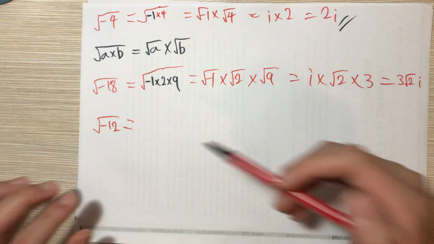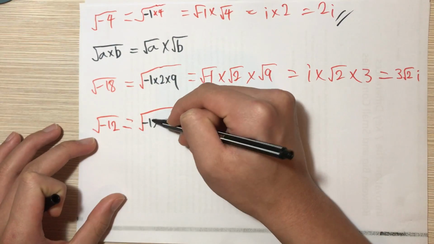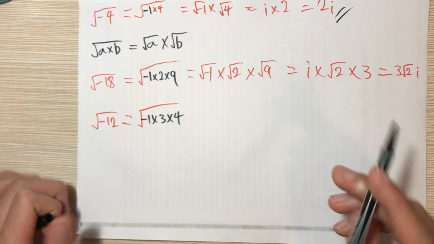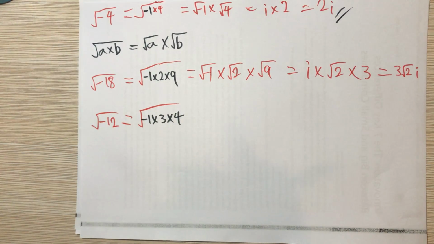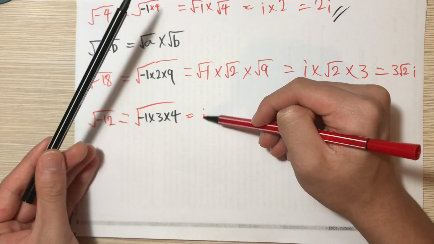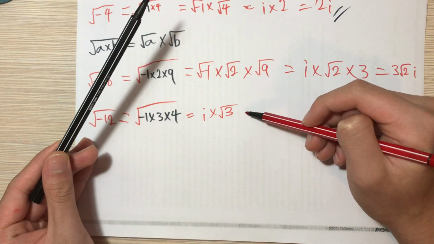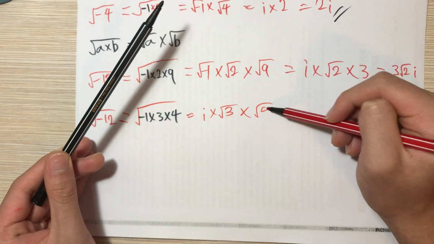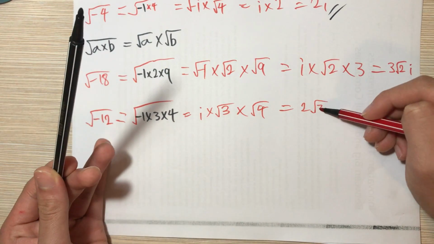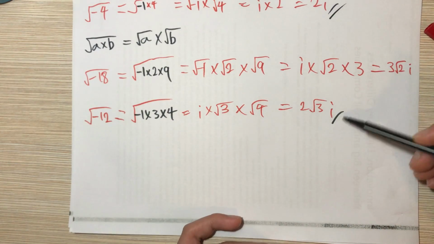Doubtlessly it is 4, so that the answer, we can separate them into negative 1 multiplied by 3 and multiplied by 4, and this equals i multiplied by square root of 3 multiplied by square root of 4, which ends up getting 2 square root of 3 i. And that is our answer.